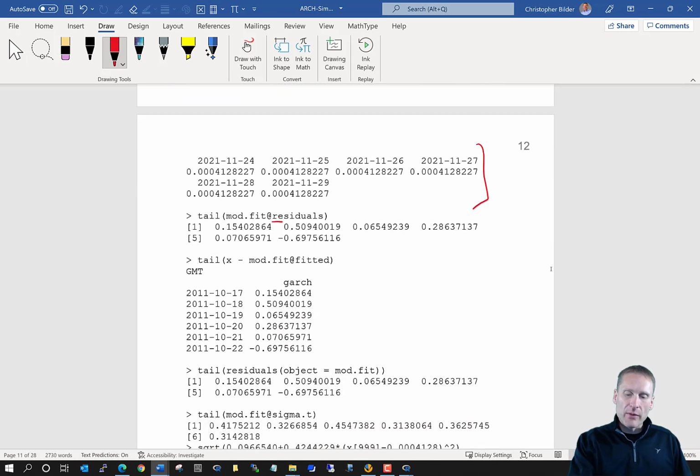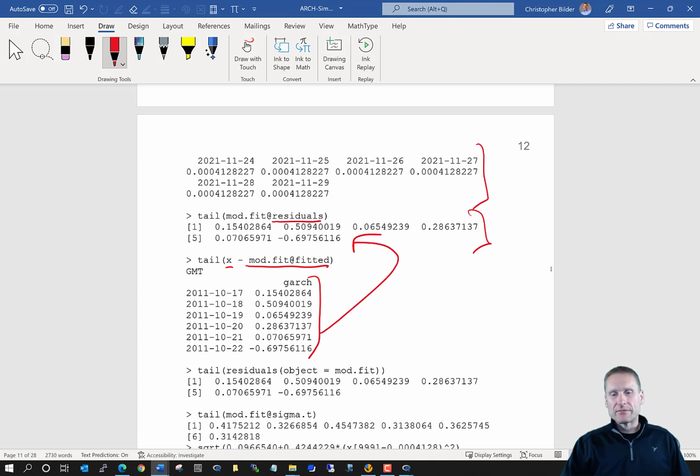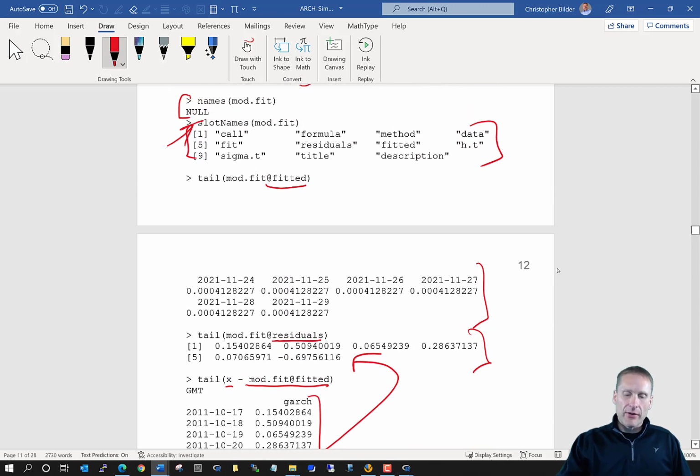If I want to pull out the residuals, I use @residuals, and here we go. And just to show you how these residuals are calculated, suppose I take x minus those fitted values. What do I get here? It's those residuals.